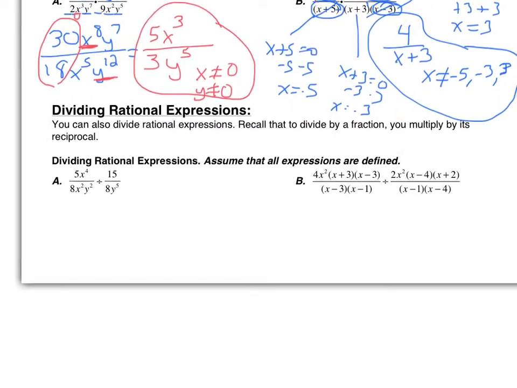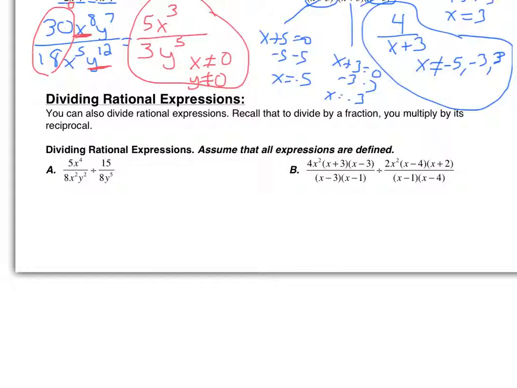When we are dividing, we have to make sure that we take the reciprocal. So we start off with 5x to the 4th over 8x squared y squared. Division becomes multiplication of the reciprocal. So I get 8y to the 5th over 15. And then I can start simplifying.